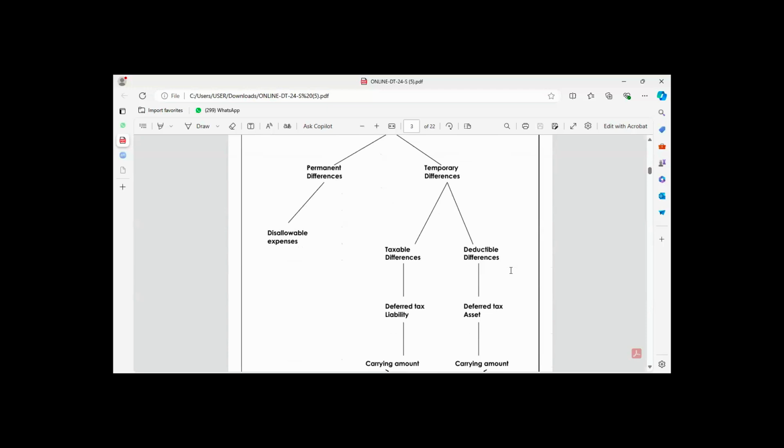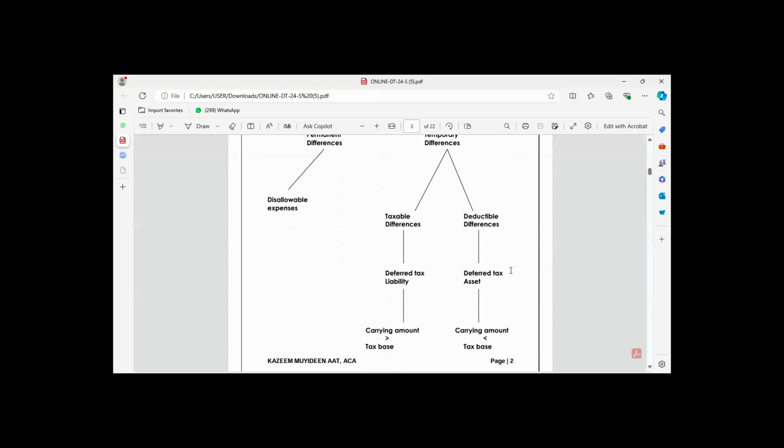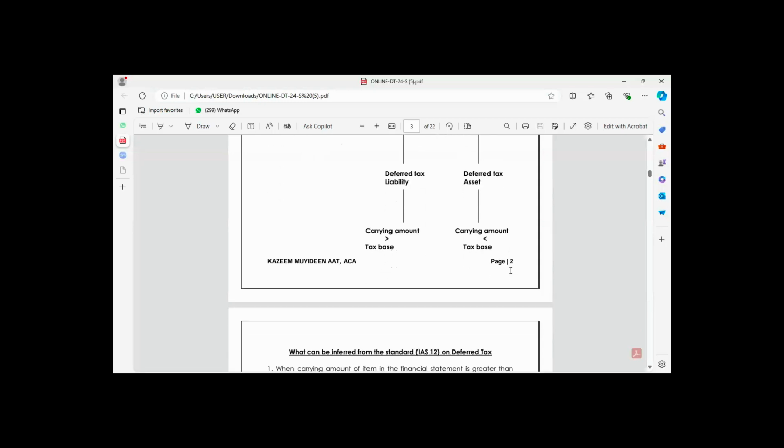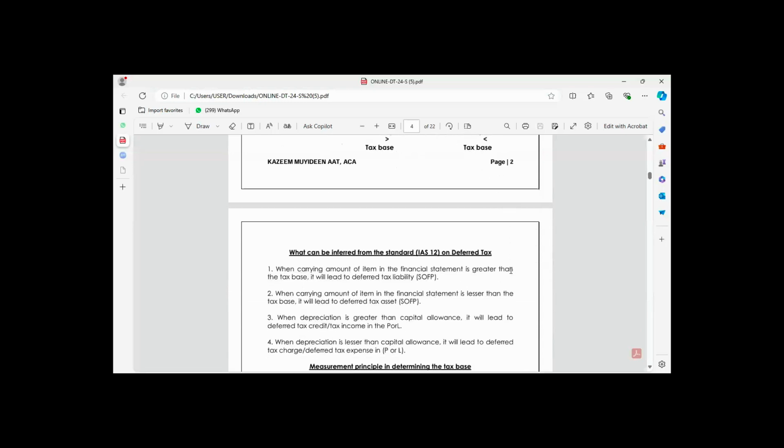Taxable difference will lead to deferred tax liability and deductible difference will lead to deferred tax asset. What is deferred tax liability? When the carrying amount is greater than the tax base. Deferred tax asset, when the carrying amount is lesser than the tax base.